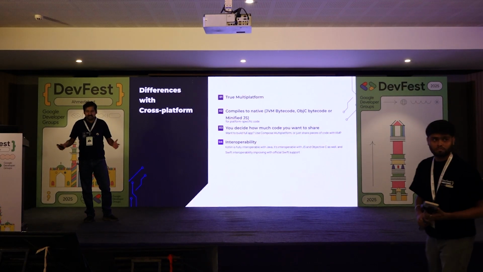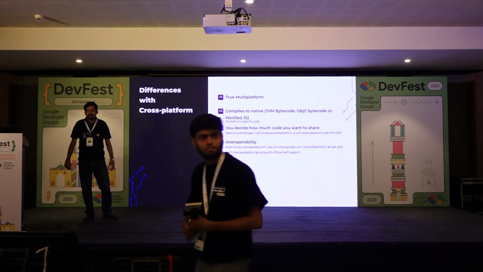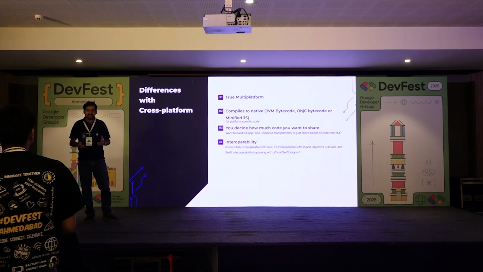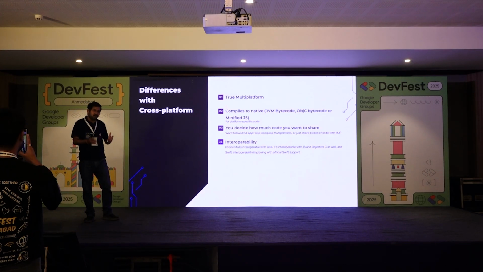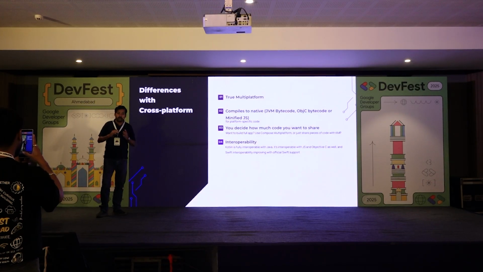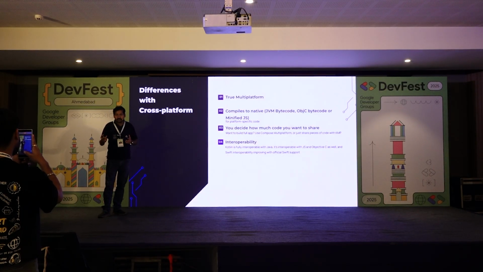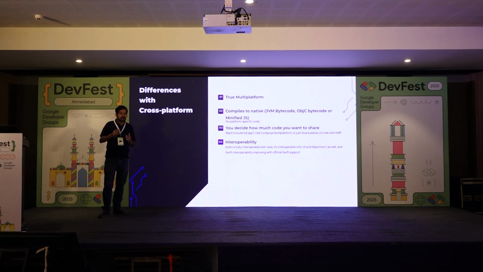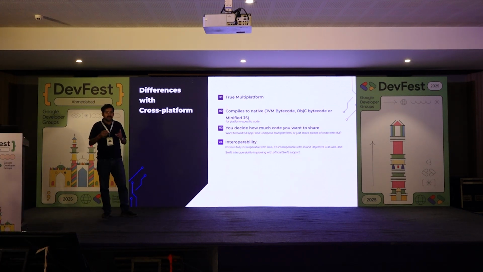And the difference with other cross-platform tools, for example, Flutter, React Native, is that those platforms are all or nothing. You either share your entire code base or you don't share at all. With KMP, you can decide how much you want to share. If you only want to share, say, the analytics part across Android and iOS in order to maintain consistency, you can do that.